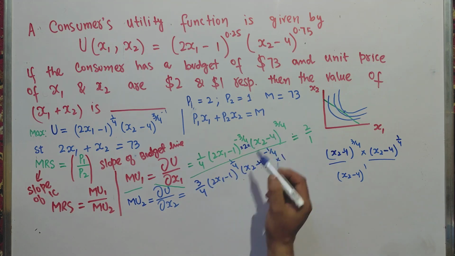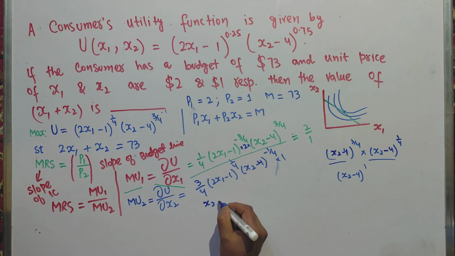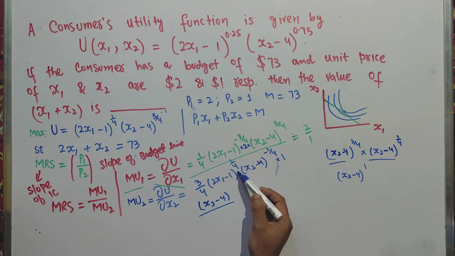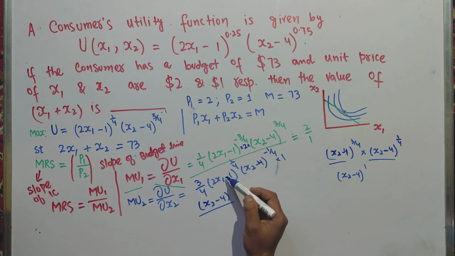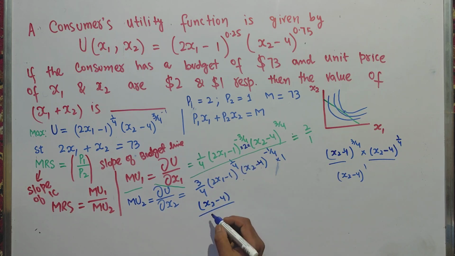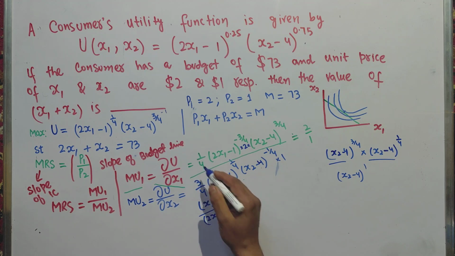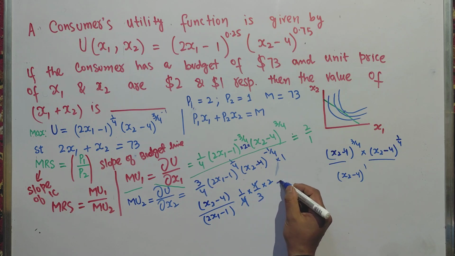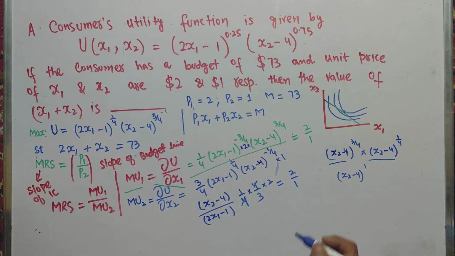When we solve this stuff, we are getting x2 minus 4, and similarly when we transpose this term to denominator, it will get multiplied with this term and exponents will add up to 1, so we will get 2x1 minus 1. Then we have 1 upon 4 into 4 upon 3 into 2, so this gets cancelled, so it should be equal to 2 upon 1.